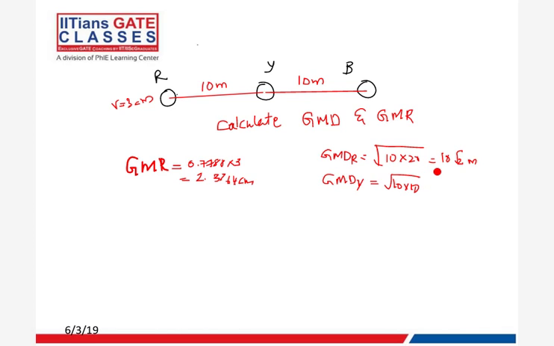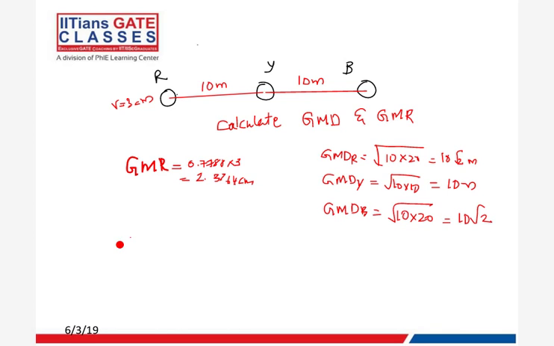Okay, yeah, I'll solve this and let you know. GMD is not 44.71. Let's look at it. It's 10 meter. And GMD is again 10 into 20. That is equal to 10 root 2, right?